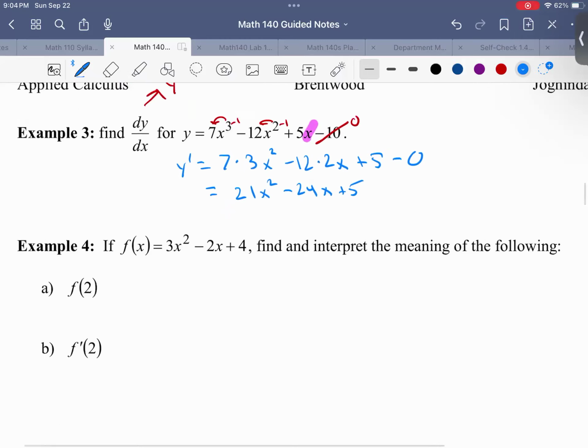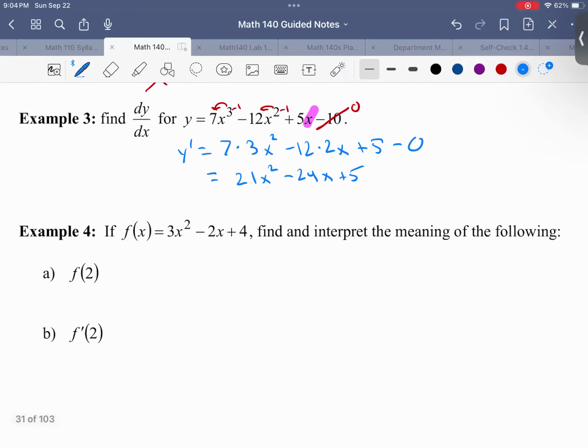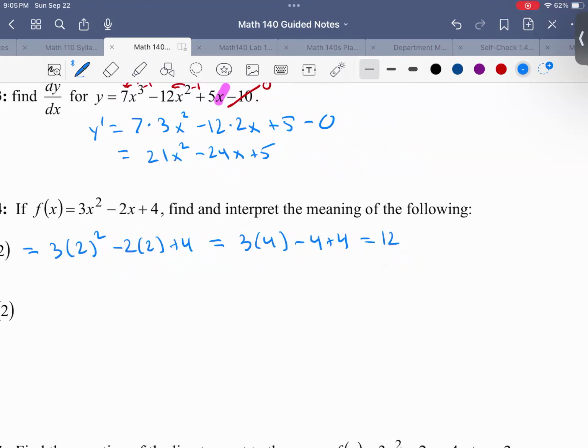Okay, great. So let's go ahead and look at example 4. If f of x equals 3x squared minus 2x plus 4, we want to find and interpret the meaning of the following. Part A, f of 2. This one we should know already, where we just plug in x equals 2. So this equals 3 times 2 squared minus 2 times 2 plus 4. This becomes 3 times 4 minus 4 plus 4, which equals 12 minus 4 plus 4, which is just 12.